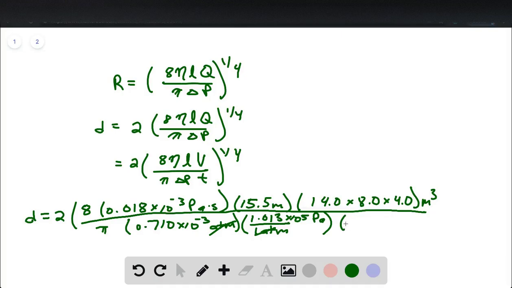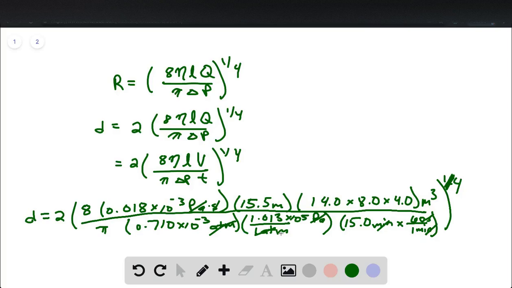And we're told the time is 15 minutes. But we want to write this in seconds so that it cancels out with the seconds up top. So we have in 1 minute, there's 60 seconds. And we have to do the 1/4 root of this part of the equation. So minutes cancel out. The seconds here will cancel out. Pascals cancel out.